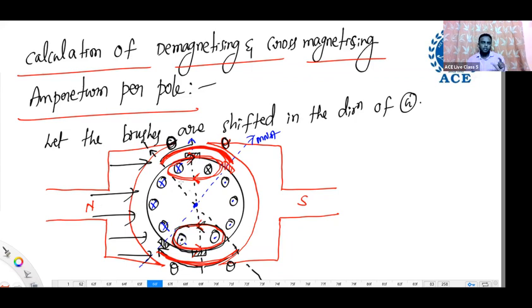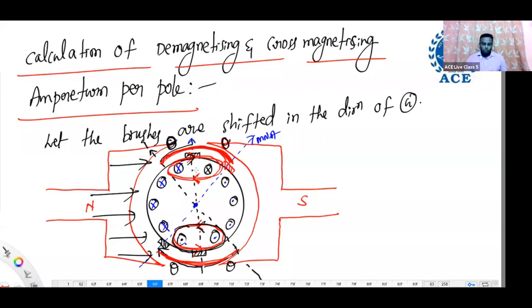So these conductors cause a flux opposite to the main flux. That's why we call them demagnetizing conductors or demagnetizing turns.